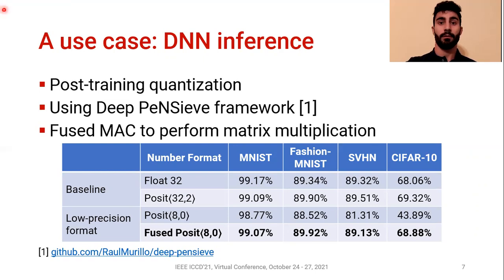As shown in this table, when using 8-bit posits for inference, the accuracy of the models suffers some degradation. However, if using fused operations to perform matrix multiplications within DNNs, the accuracy remains similar to the baseline models while reducing their size by a factor of 4.